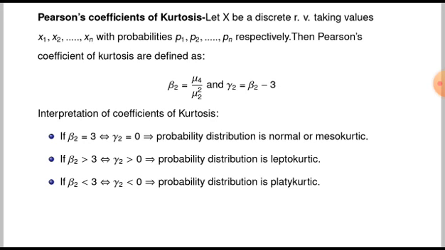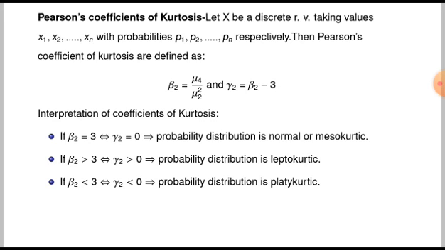Mu 4 means the fourth order central moment, and mu 2 squared is the square of the second order central moment mu 2, and gamma 2 is equal to beta 2 minus 3.